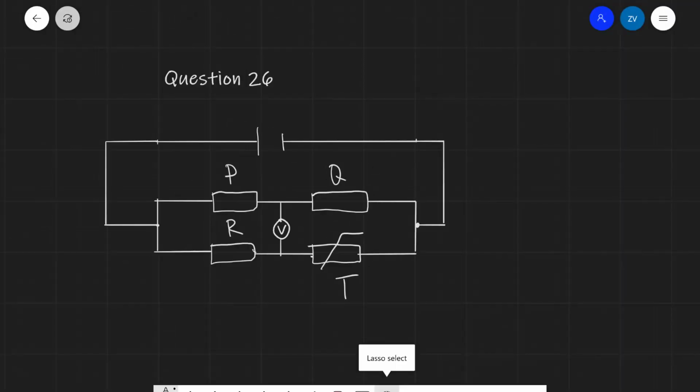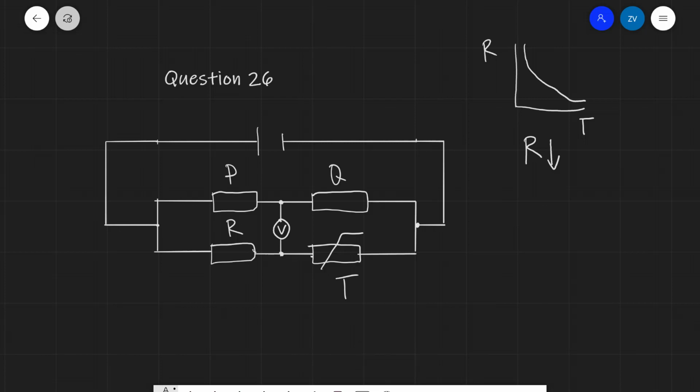Question 26, we have the following circuit over here, and additionally what has happened is that we have increased the temperature of the thermistor. Now remember, the resistance against temperature graph for a thermistor has a similar shape. So as the temperature is increasing, the resistance is decreasing.